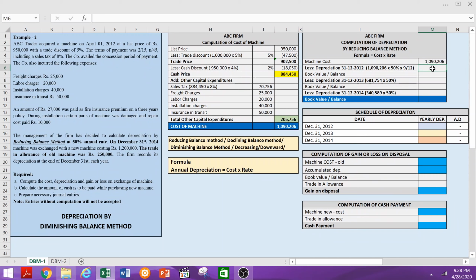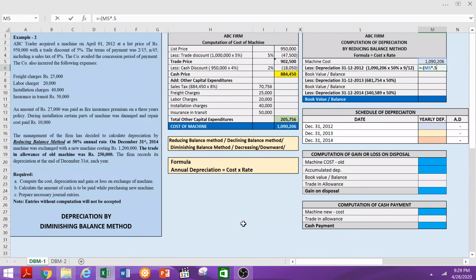Now if we simply multiply the cost by the rate, we can get the depreciation for the first year, that is December 31st, 2012. So I am just multiplying the cost by the rate of depreciation, which is already given to you. Here you can see it is equal to 50%. So I am writing here 50% rate.